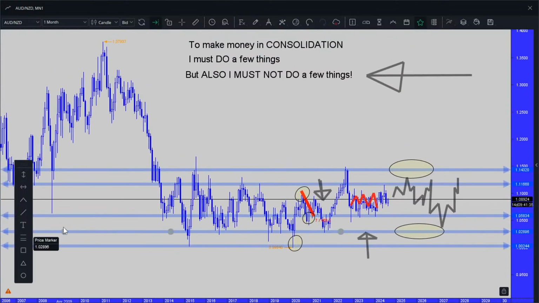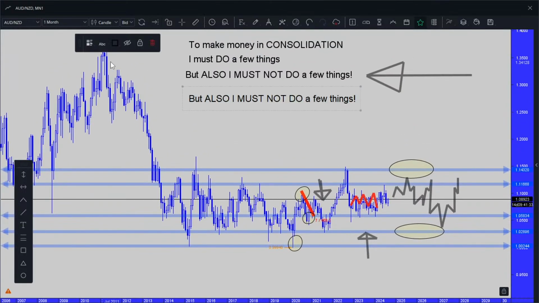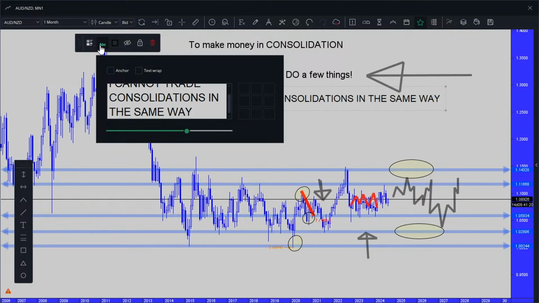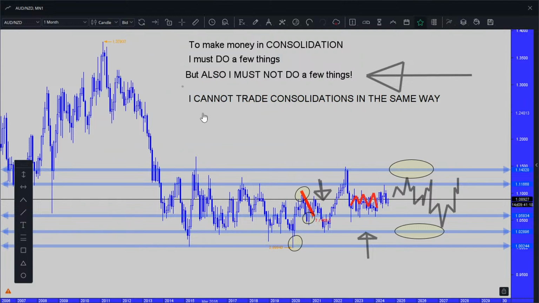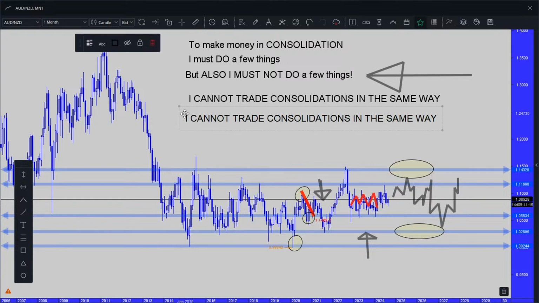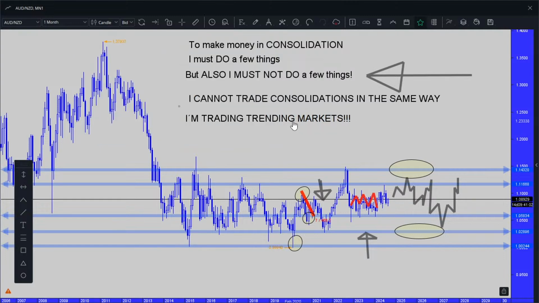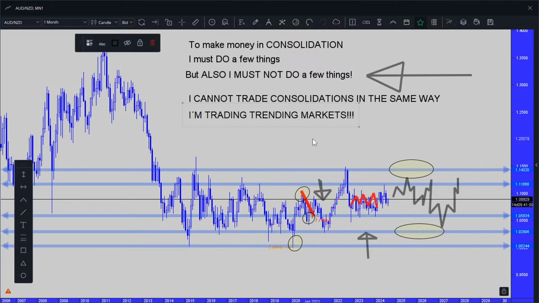Where is the text? One more time, text. I cannot trade consolidations in the same way. I cannot trade consolidation in the same way I am trading trending markets. This would be a mistake. Okay, everybody?